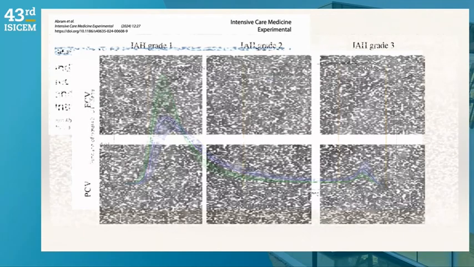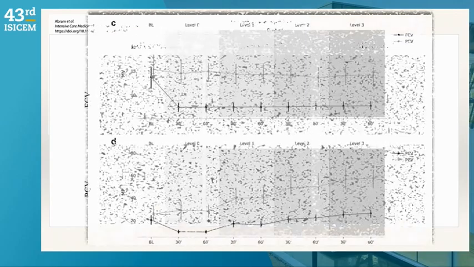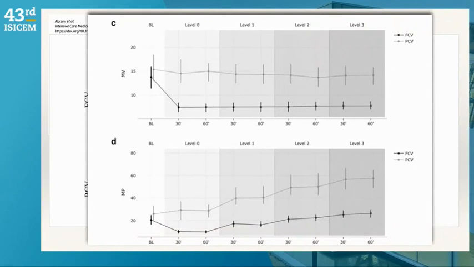They also added microscopy, and especially on the third graph on your right, you can see that even with high intra-abdominal pressure, the homogeneity of ventilation during flow-controlled ventilation was better compared to pressure-controlled ventilation. So this is really, really interesting.